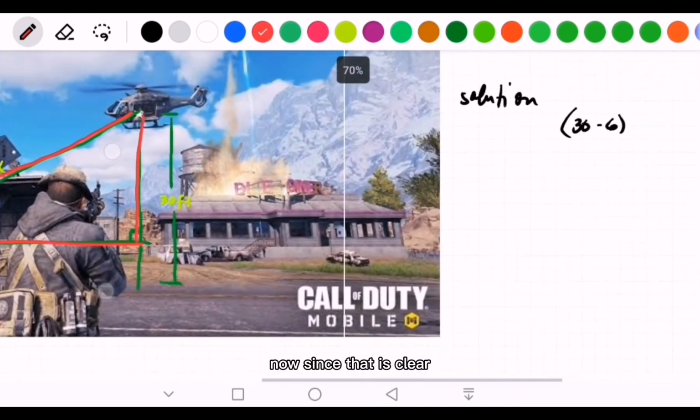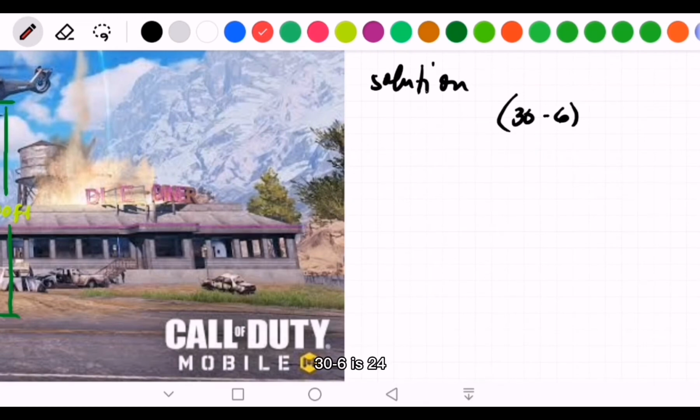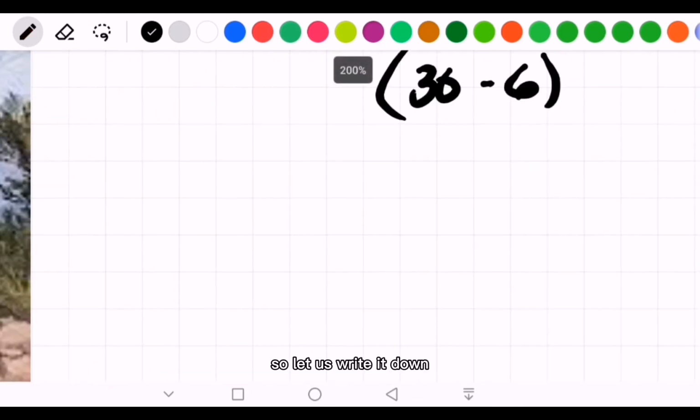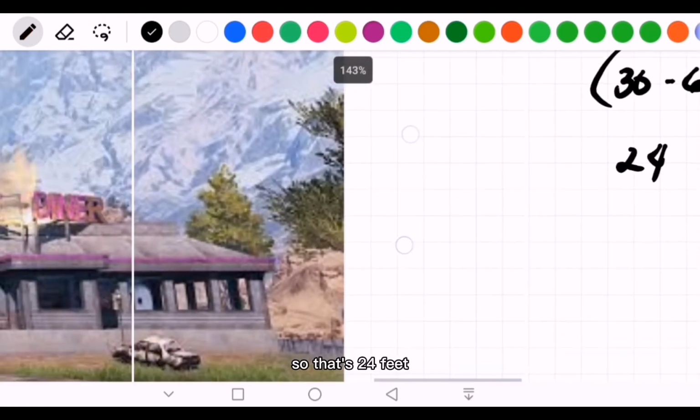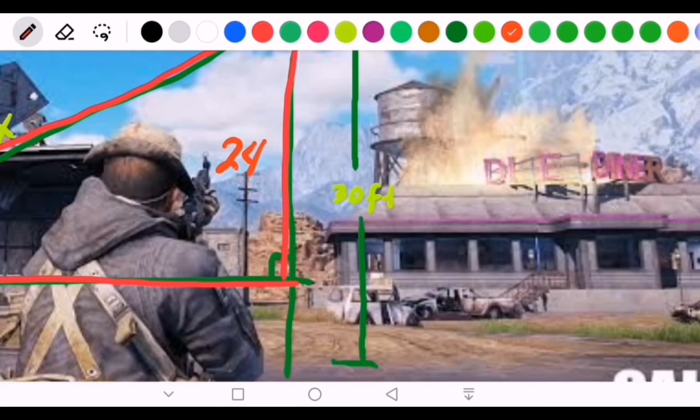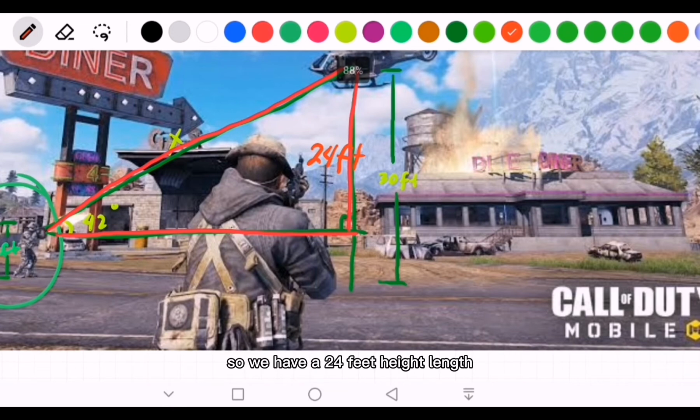Now, since that is clear, 30 minus 6 is 24. So let us write it down. So that's 24 feet. So we have a 24 feet height if the height of the player is deducted.